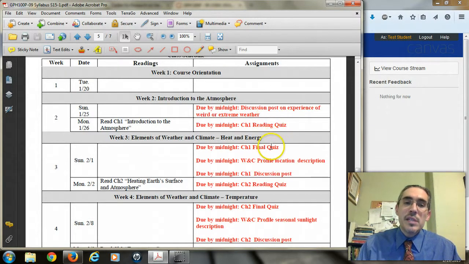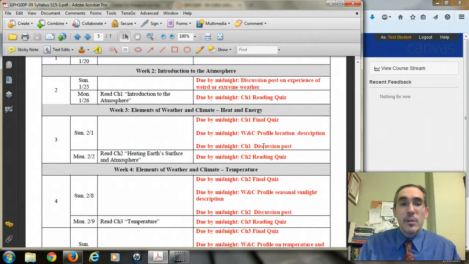Okay, so each week you'll see that it follows a weekly rhythm. Generally, you'll find that the readings and the reading quizzes are due by midnight on Mondays. So you want to be caught up with reading by the end of Monday, and then by the Sunday following, or at the end of the week, the final quiz for that week, the one that incorporates that same chapter, Chapter 1, for example.